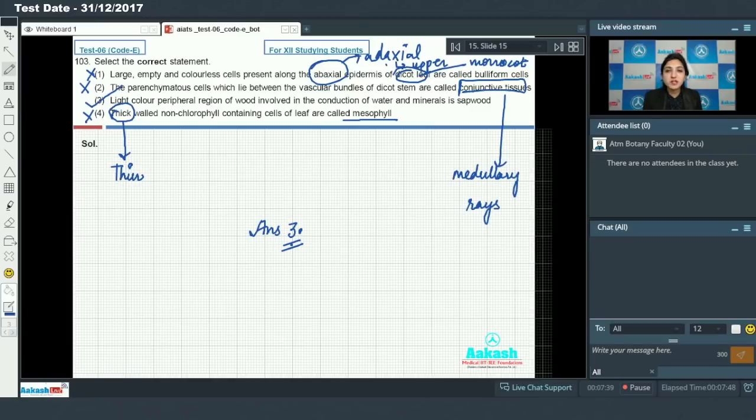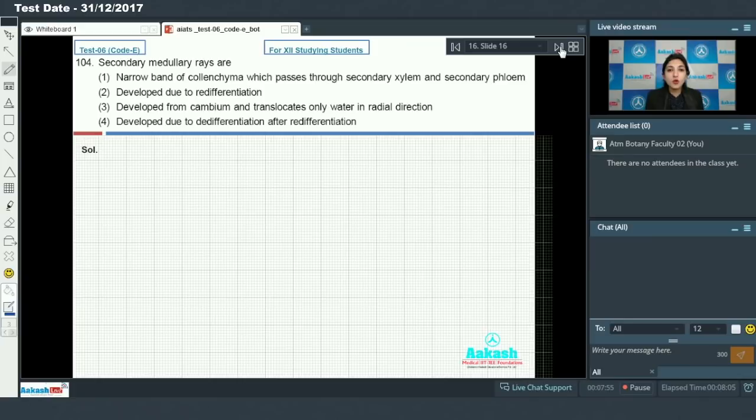Moving on to the next question, that is question number 104. Question 104 is concerned with secondary medullary rays. You must have studied in your classes what secondary medullary rays are.